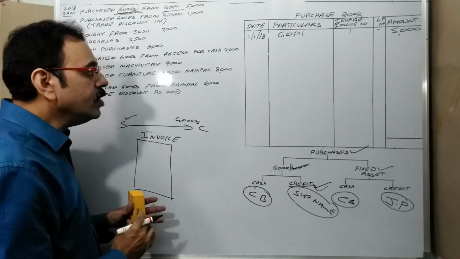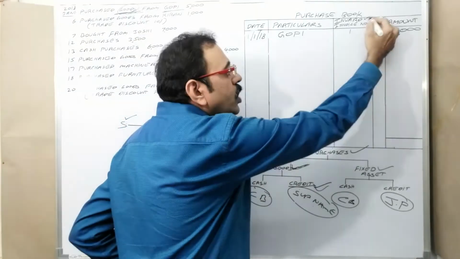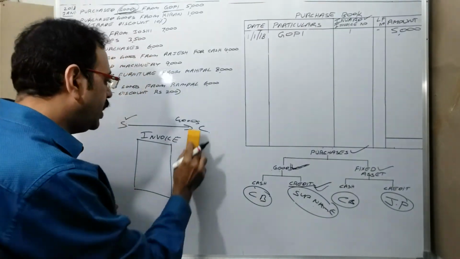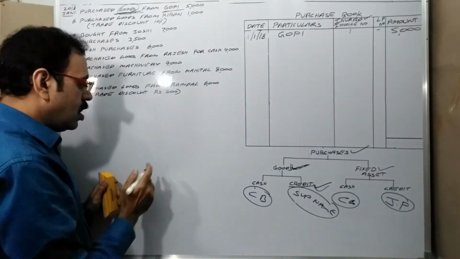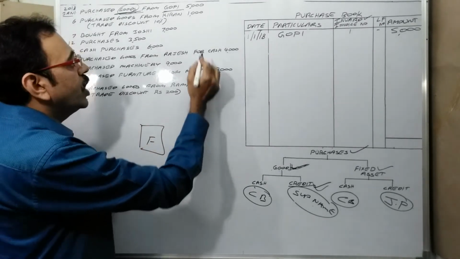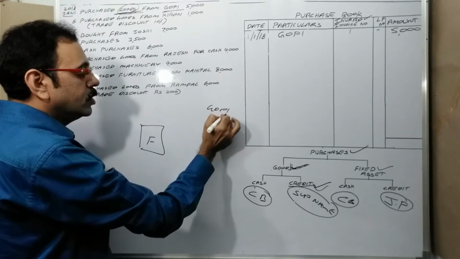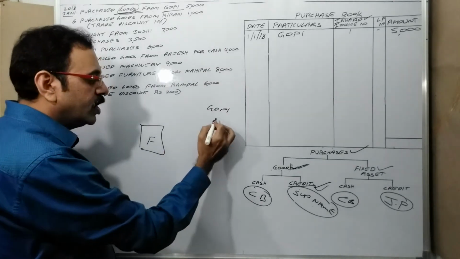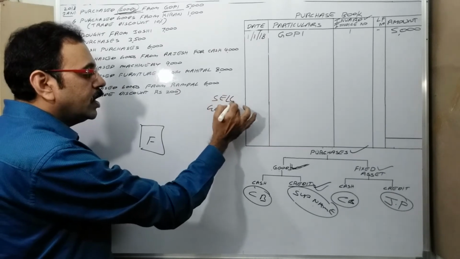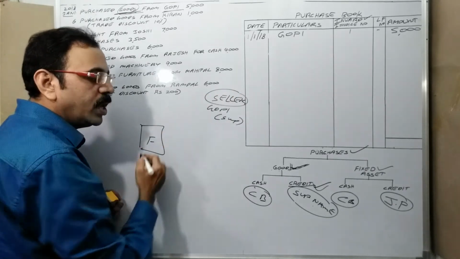Then, why we are writing inward invoice number? Why we are adding inward word there? Let us see. Ours is one firm. We purchased goods from Gopi. So Gopi is who? He is a supplier. He is a seller here. Okay?